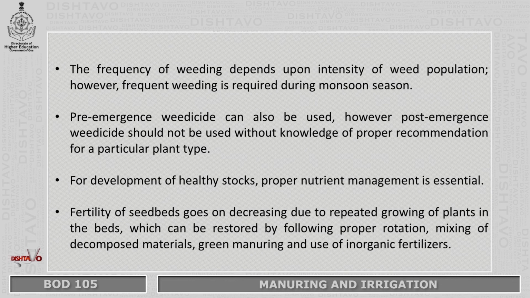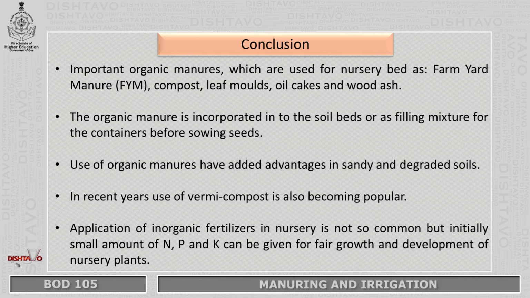For development of healthy stalks, proper nutrient management is essential. Fertility of seed beds goes on decreasing due to repeated growing of plants in the same seed beds, which can be restored by following proper crop rotations, mixture of decomposed material, green manuring, and use of inorganic fertilizers.